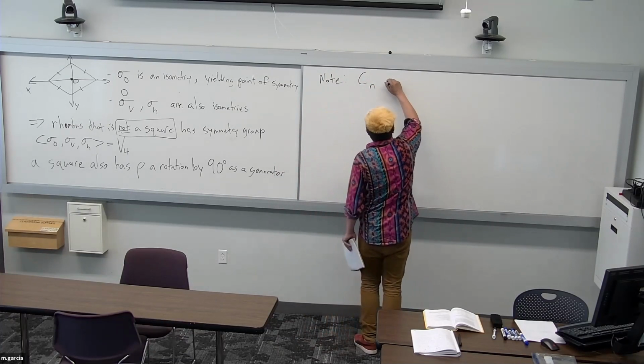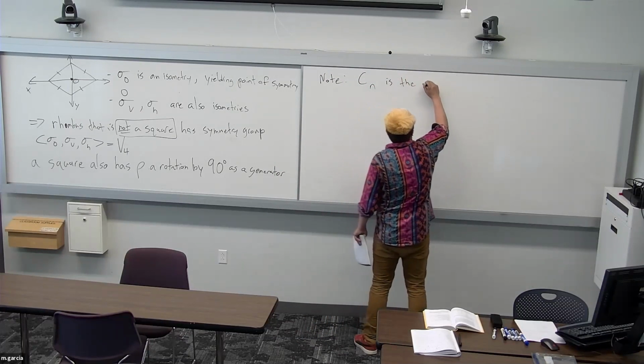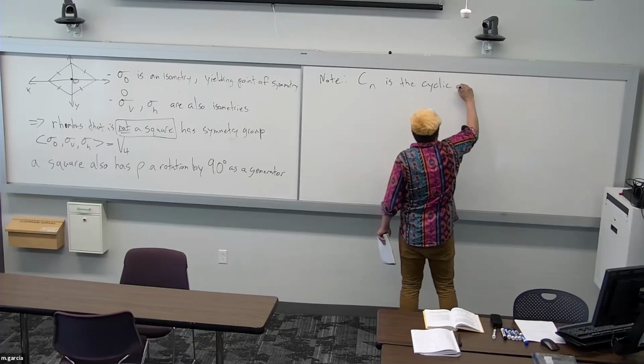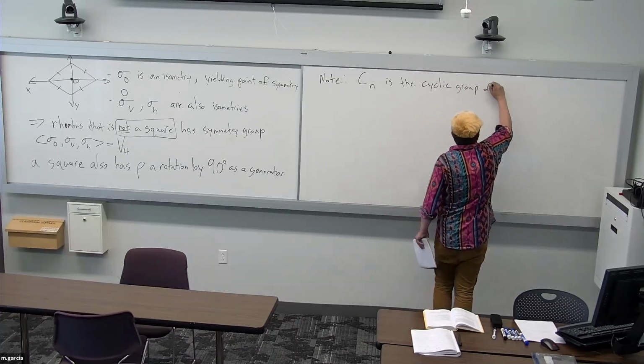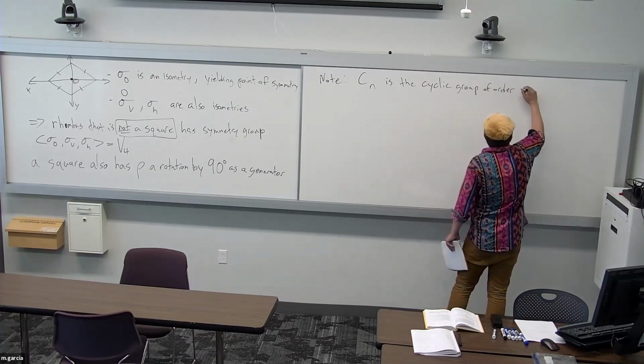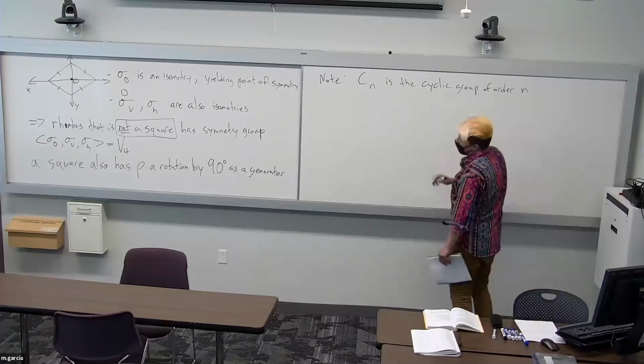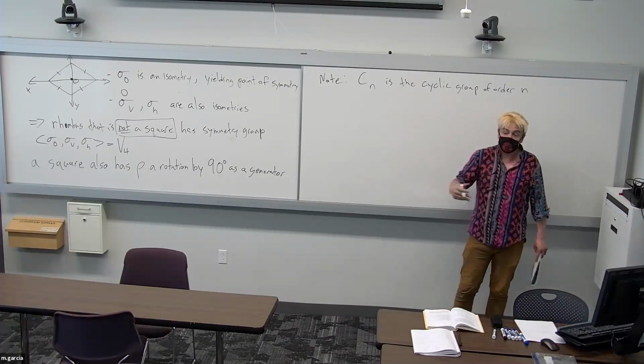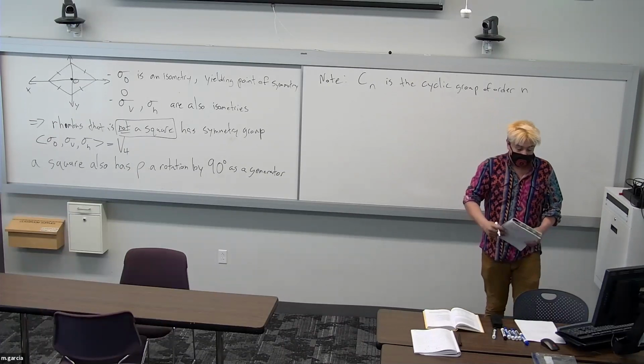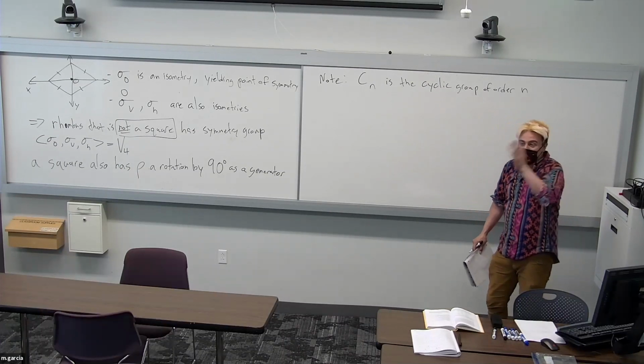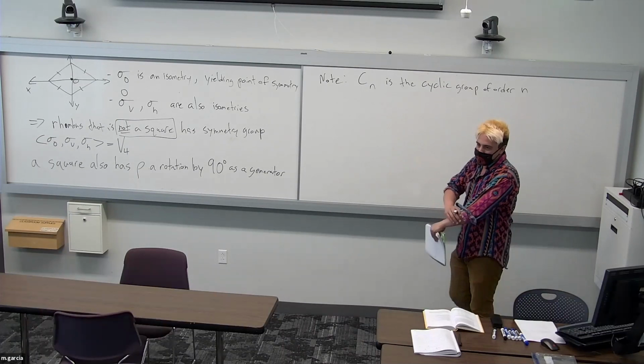Cn is the cyclic group of order n. Okay, just in case that comes up, which if you continue to study group theory, it definitely will. This is standard notation. Okay.